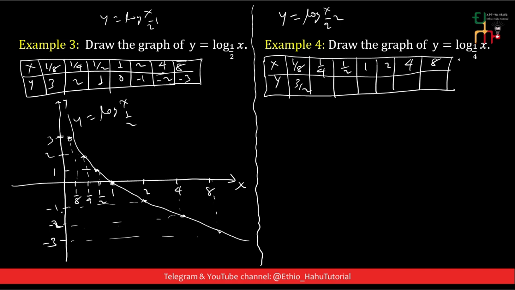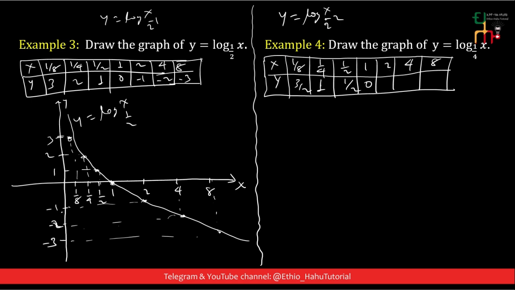When x is equal to 1 over 4, which is 2 to the power of minus 2, logarithm of 2 to the power of minus 2 to the base 2 to the power of minus 2 is 1. When x is equal to 1 over 2, logarithm of 2 to the power of minus 1 to the base 2 to the power of minus 2 is 1 over 2. When x is equal to 1, y is 0.